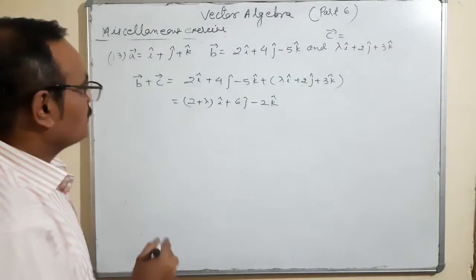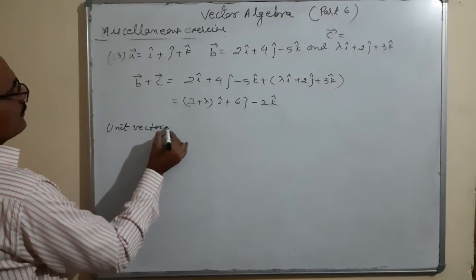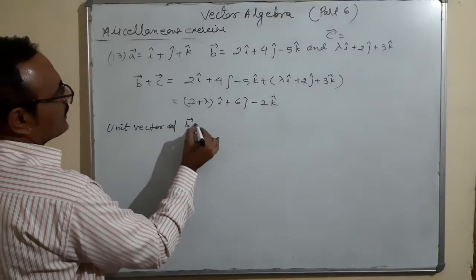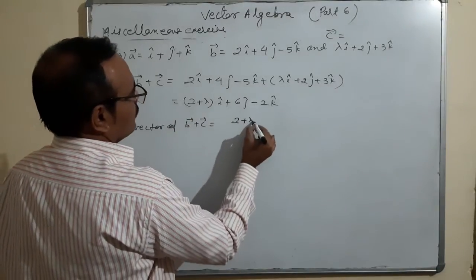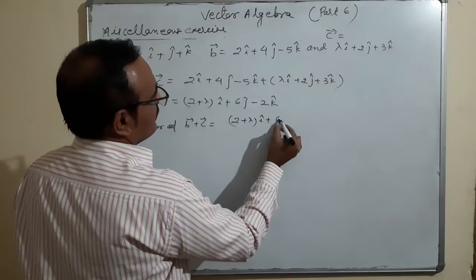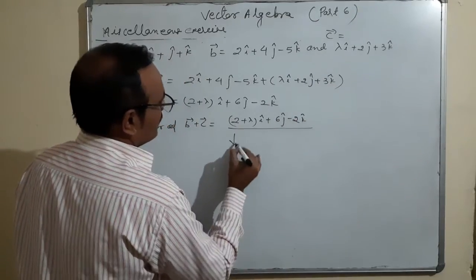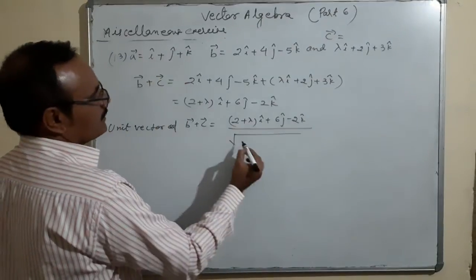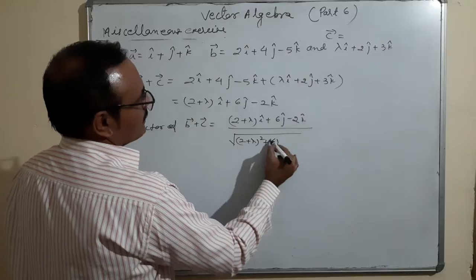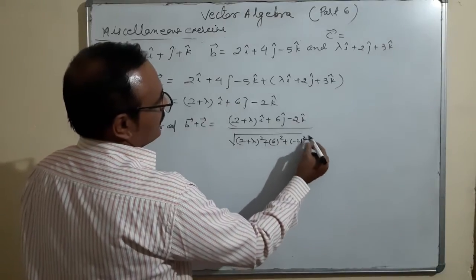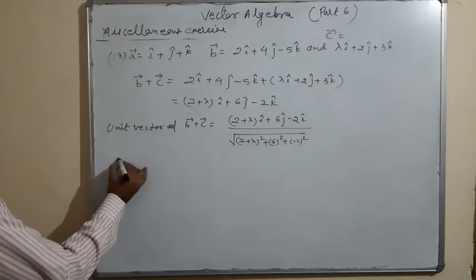Now we are going to find the unit vector of B plus C, which is the vector (2 plus lambda)i plus 6j minus 2k upon the magnitude, the square root of (2 plus lambda) whole square plus 6 square plus (minus 2) square. This is the unit vector.